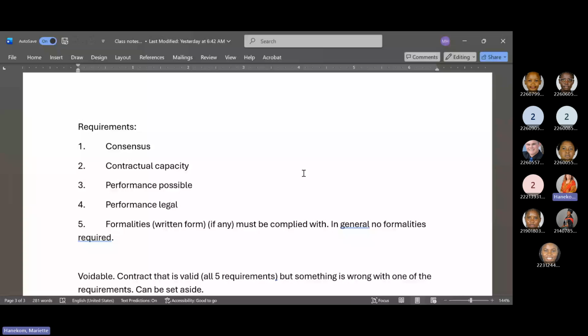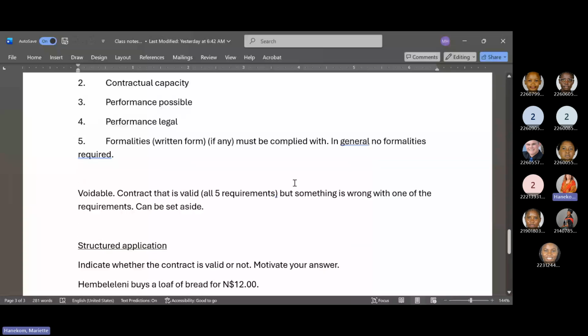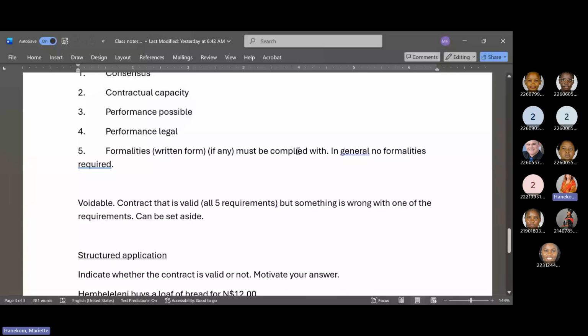We also learned in the previous lecture that in most instances, contracts do not require formalities. An oral contract, a spoken contract, is just as valid. So what we're going to be doing is looking at all these requirements separately, starting off then with consensus.